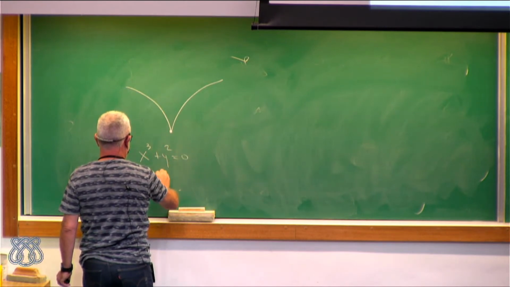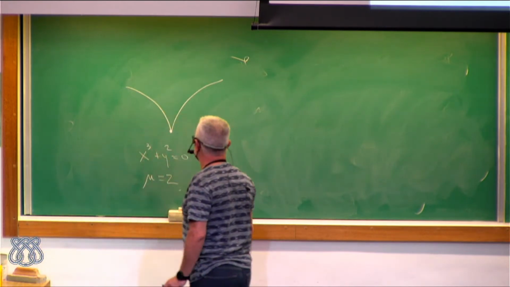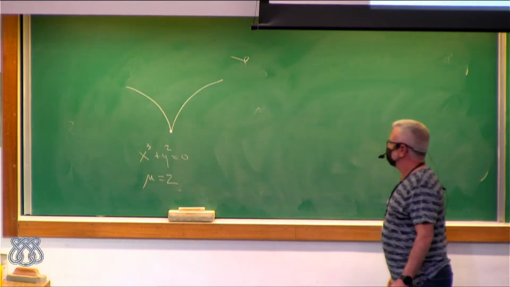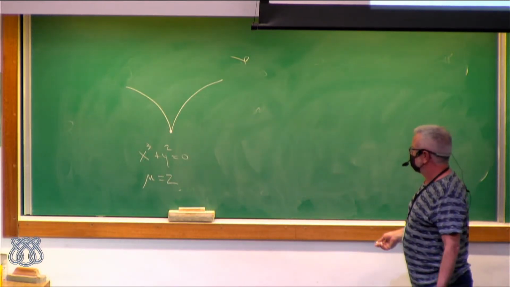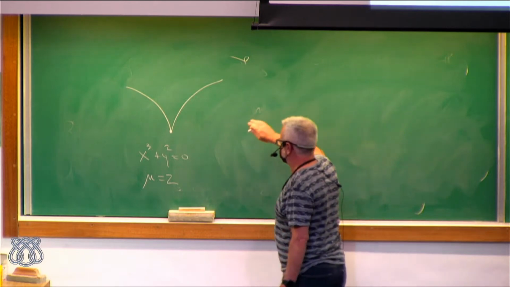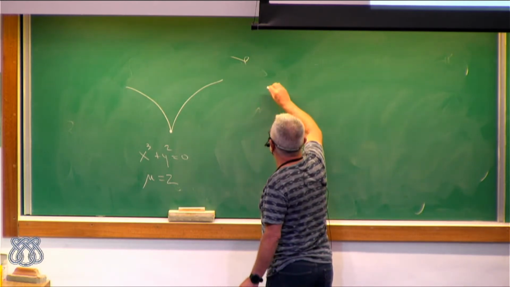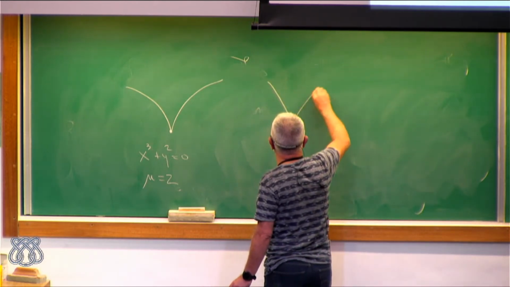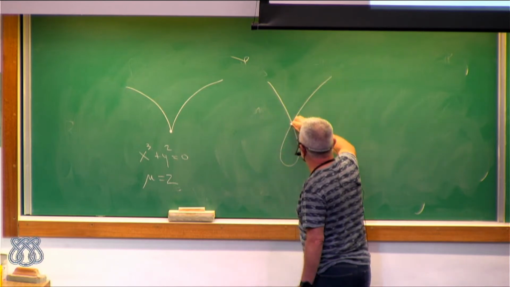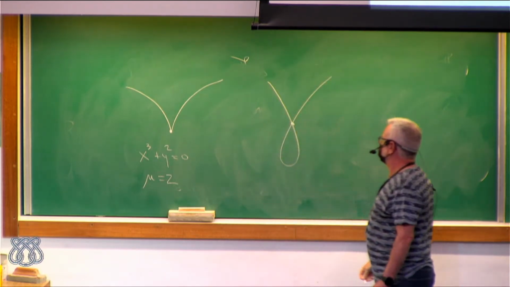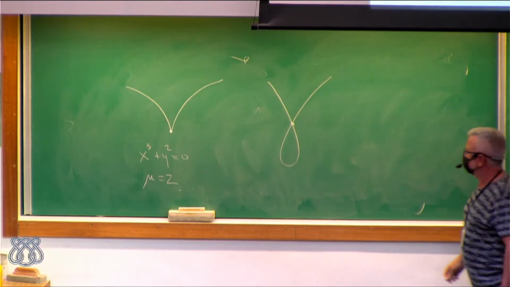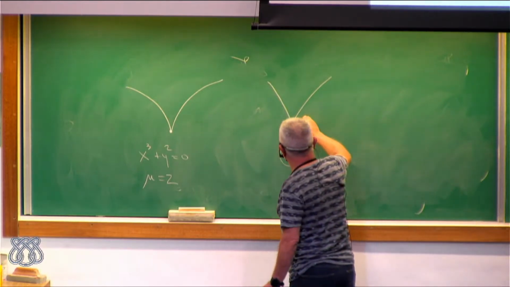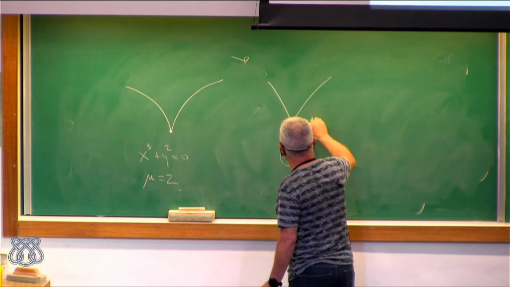So here the Milnor number is 2. Then you can take this fiber which is not a Milnor fiber. You have here a Morse point which has Milnor number equal to 1.